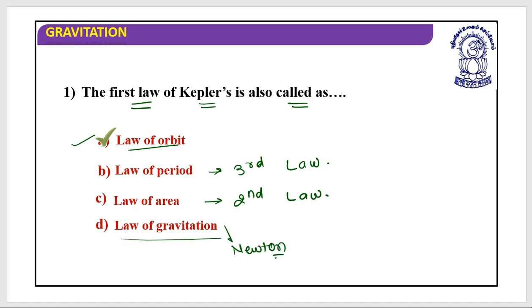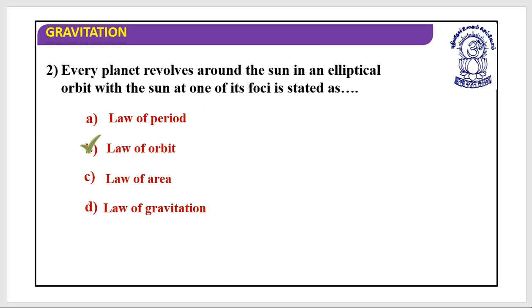So this would be the correct answer. Second, it says that every planet revolves around the sun in an elliptical orbit with the sun at one of its foci. That is stated as the law of orbits. We say this is Kepler's first law.